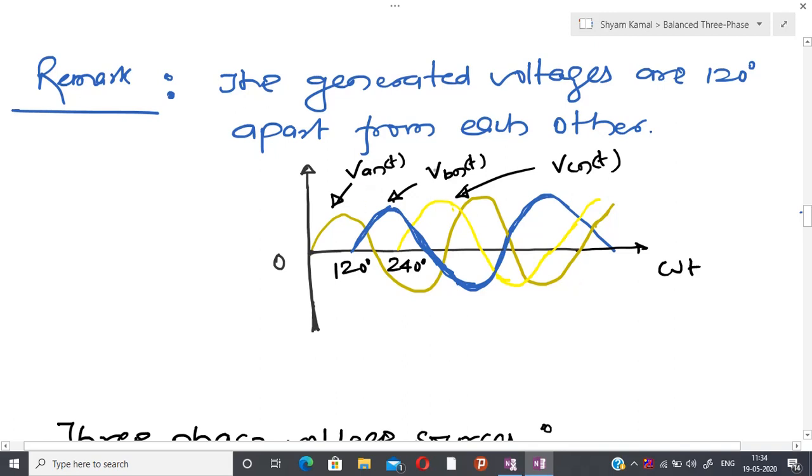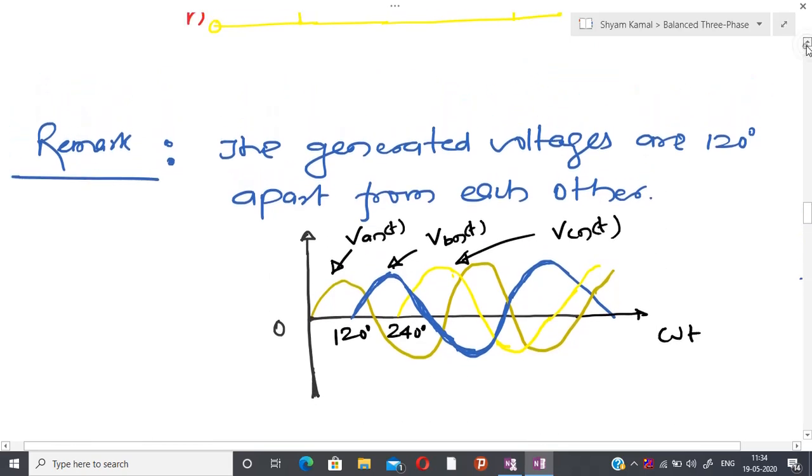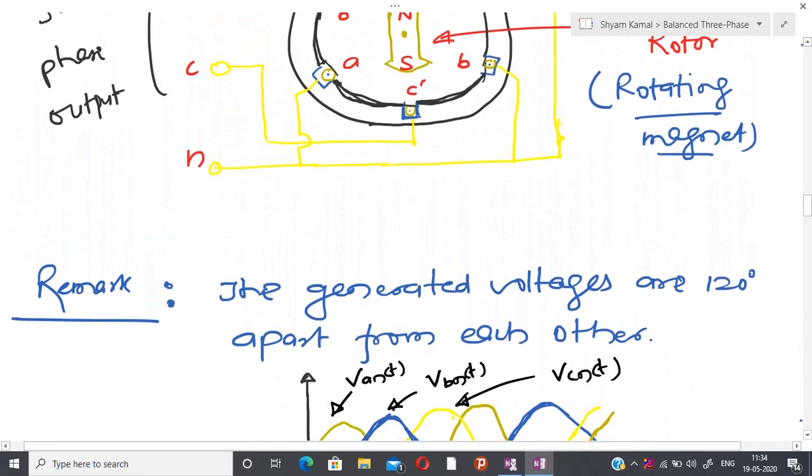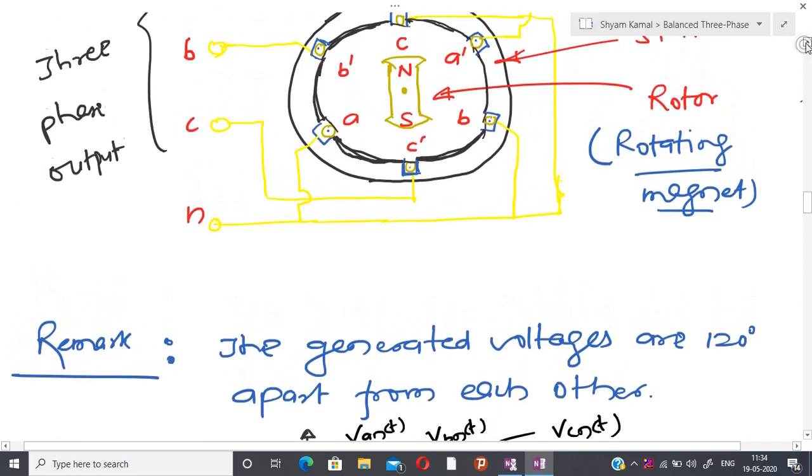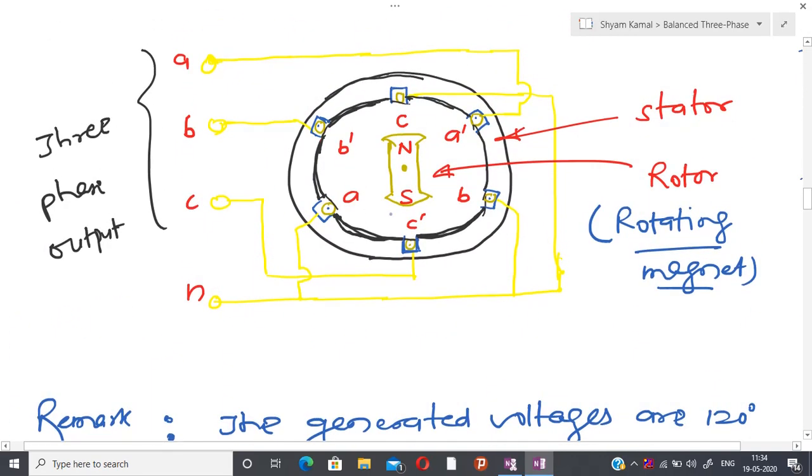Here I have three different voltages, and this is the neutral line. I am seeing the voltage of A with respect to the neutral line, voltage of B with respect to the neutral line, and voltage of C with respect to the neutral line.